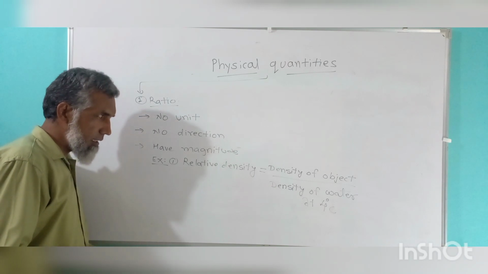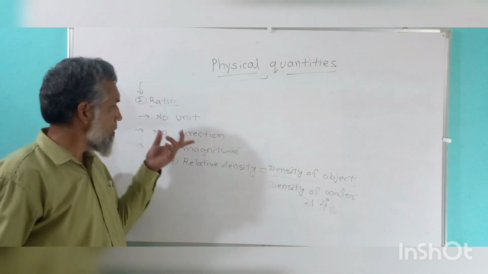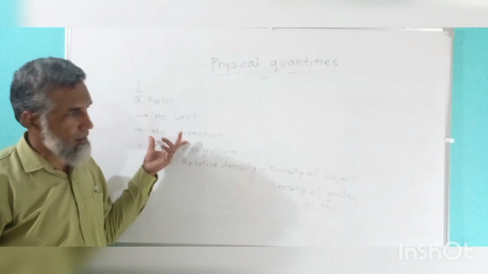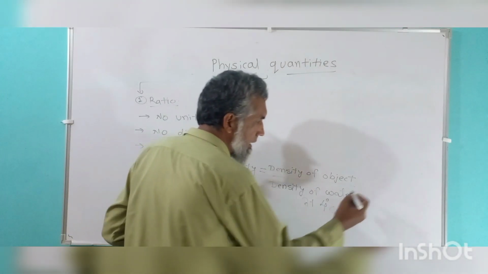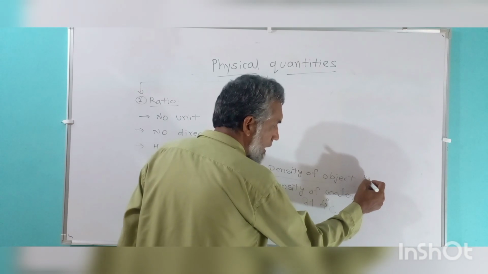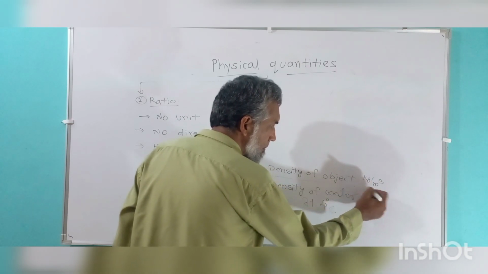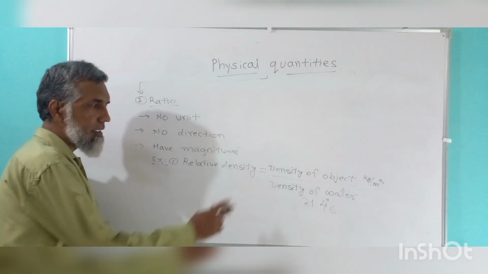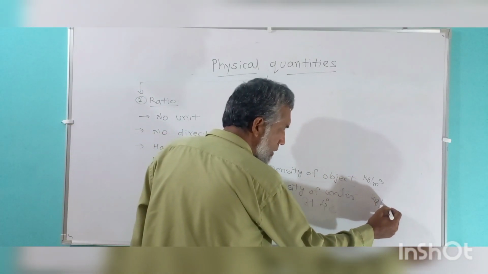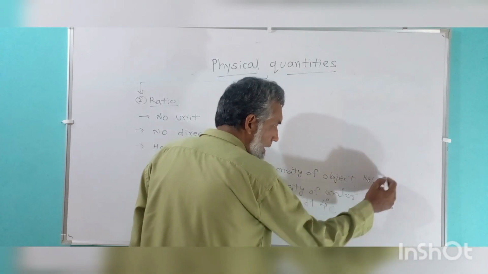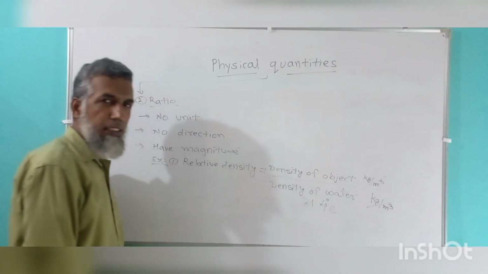So here you can see that being a density, they don't have the direction, and density of object, its unit will be kilogram per meter cube. Density of water, its unit is also kilogram per meter cube, and these two units will get cancelled.